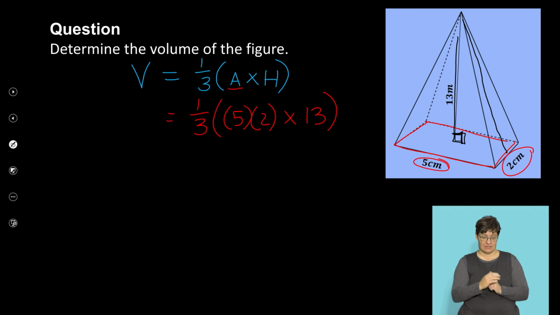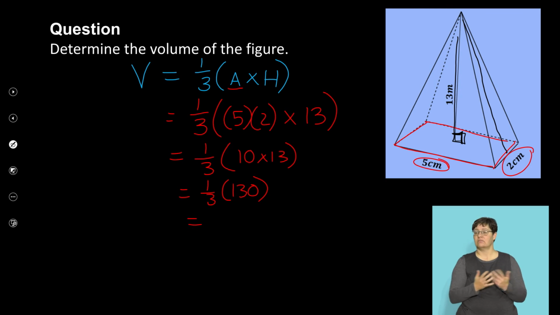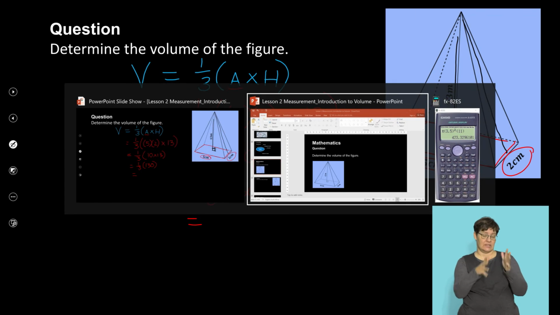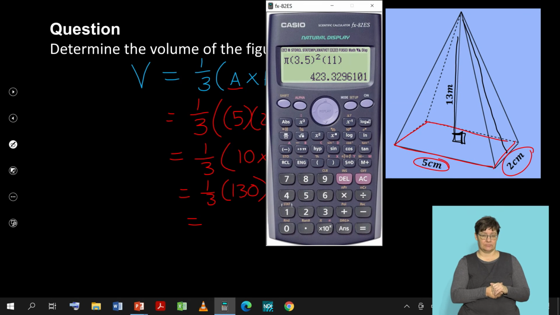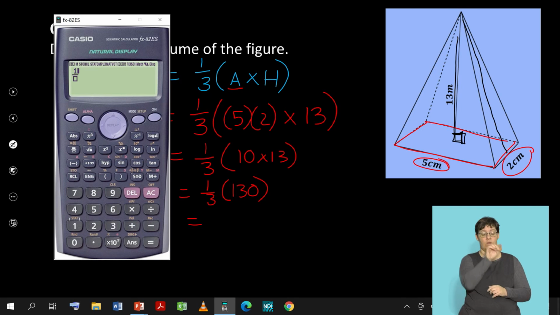13. I'm going to simplify my bracket. So I'm going to have a third times 10 times 13. So I'm going to have a third of 130. Now we are going to substitute this into our calculator. So we've got 1 over 3 being multiplied by 130.